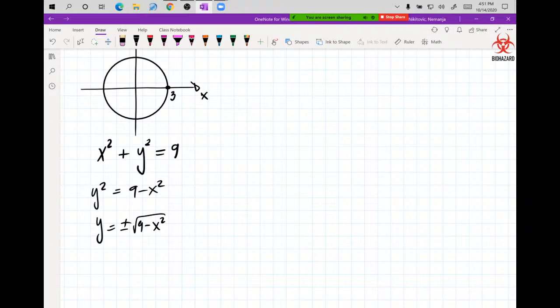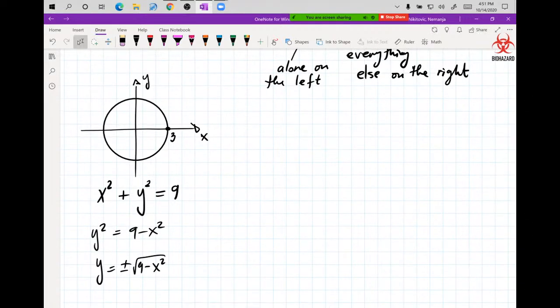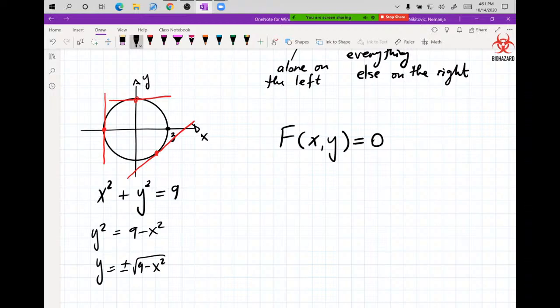And because it's not a function, we cannot use the derivative in the form that we are used to. But we still know there is a vertical tangency there, there is a horizontal tangency there, there are tangent lines everywhere. So we know that it's differentiable, but we have to figure out how. So now to write that, we have the explicit form of x and y's equal to 0.